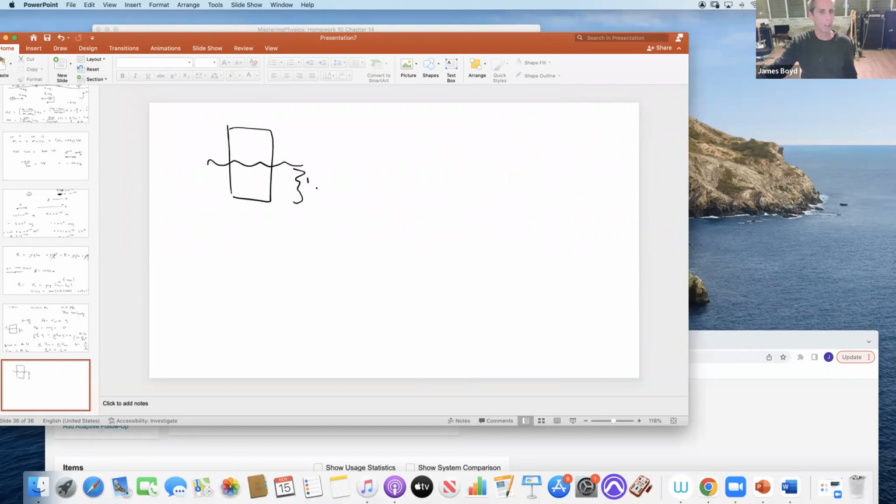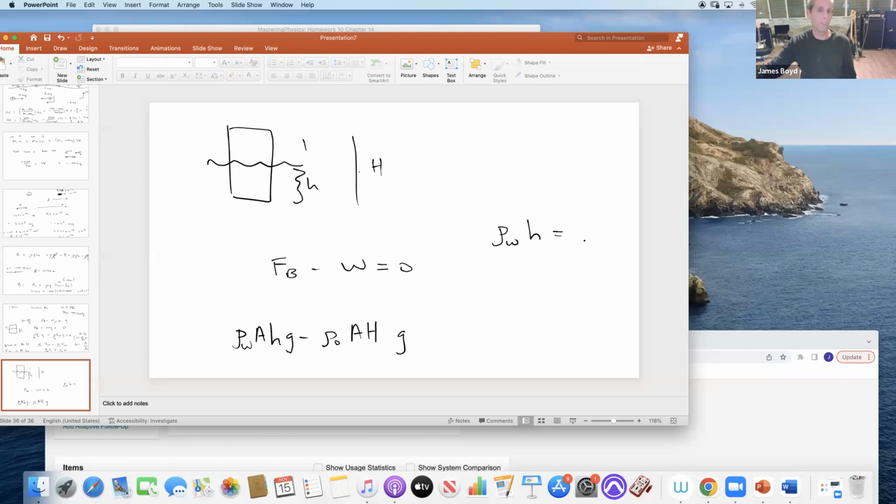All right. H, and the whole thing is H. The buoyant force minus the weight is equal to 0 because it's not going anywhere. And the weight is the density of the object times the area times the height of the object times G. The buoyant force is the density of the water times the area times the height times G. So density of the water times H is equal to density of the object times H. And that doesn't seem right. Seems like it's supposed to be flipped.